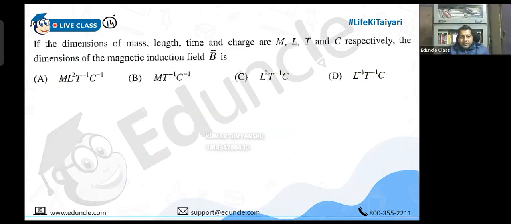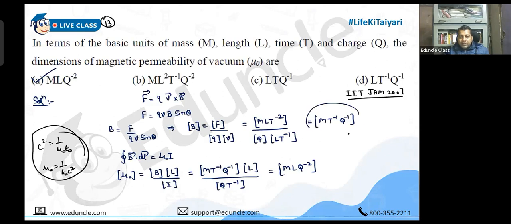Another one of similar kind. Yes, Rita. Here is the answer. No need to solve anything.